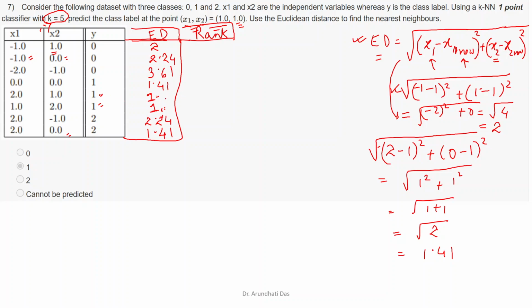Okay, so here let me just give the first one that I obtained in this table rank 1, and the second Euclidean distance value I am giving rank 2. Then which is the next smallest value here? Again we can see that this data point and these two data points have the same Euclidean distance from the new data point.